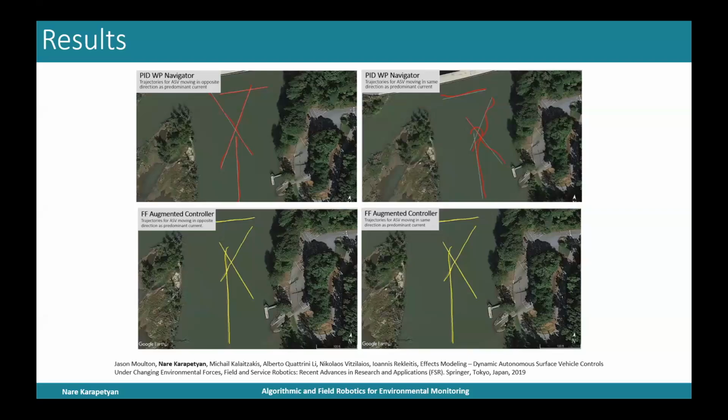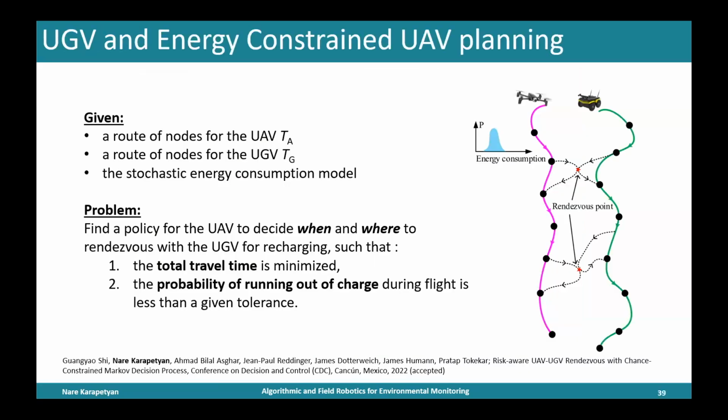And then in the yellow, you can see that when we are using the augmentation, using our predictions from the wind and the current, we were able to improve the trajectories. And this can drastically help to not have any overlaps in the coverage method. So this is one way of integrating the uncertainties into our system.